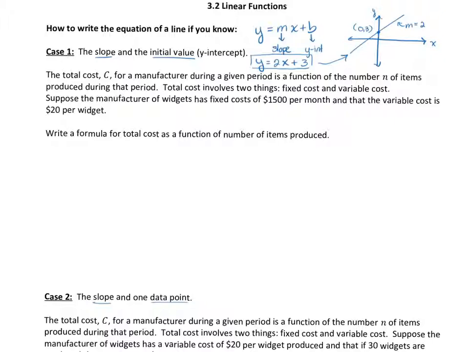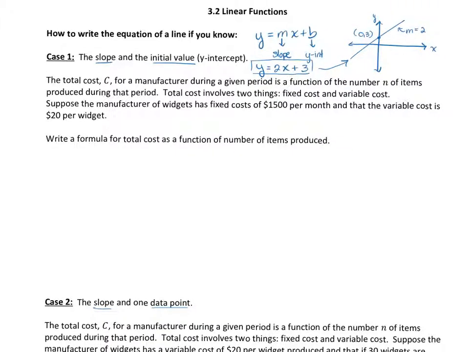Let's take a look at this example, which is actually from chapter 1. You've seen this example before, and you also saw it again in chapter 2. We're told that the total cost, C, for a manufacturer during a given period is a function of the number n of items produced during that period.